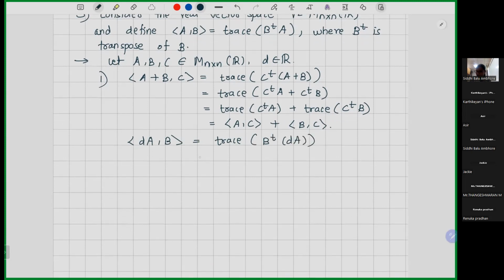Note that dA is nothing but all the entries of A multiplied by D. So for this matrix B transpose dA, all the entries will be multiplied by D. So this becomes D into the trace of B transpose A, and then this becomes D into A comma B.